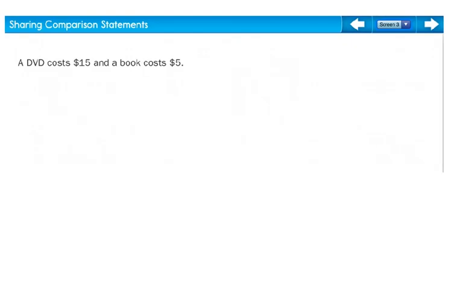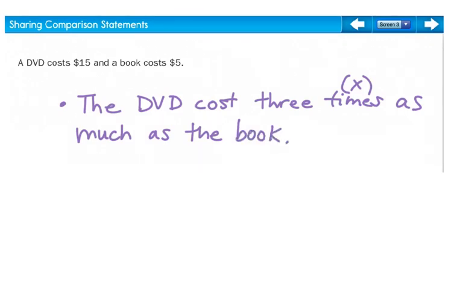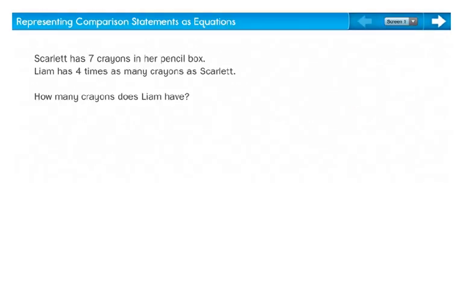If I were going to use multiplication and make a comparison statement, I could say something like this. The DVD costs 3 times, that's where the multiplication comes in, as much as the book. That would be a comparison statement using multiplication.